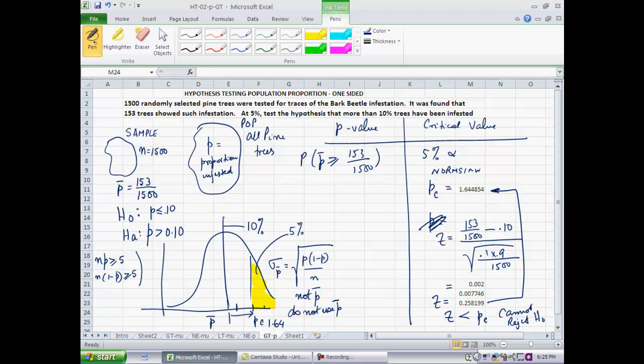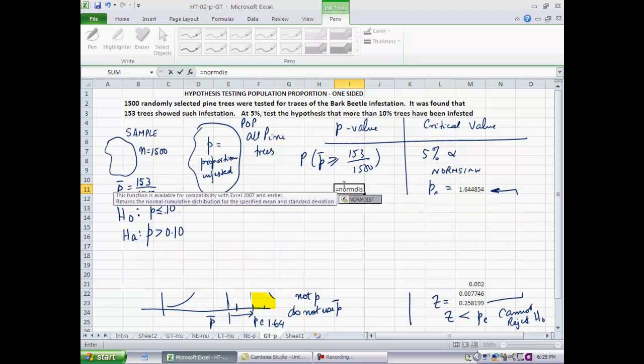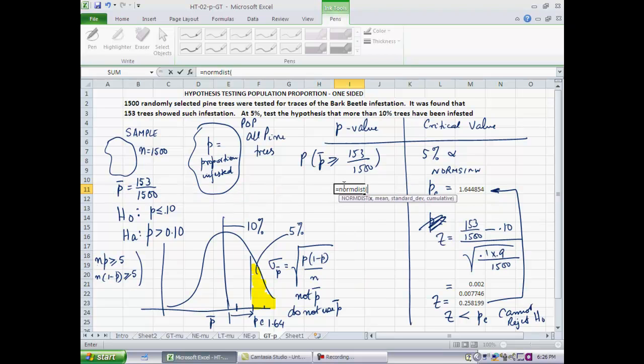And since the sample statistic is normally distributed, we know what Excel built-in function I would use, and that's the norm dist. This is equal to norm dist of 153 divided by 1500. That's the sample statistic. What is the mean? The mean is 10% because that is what the mean would be if the null were true as an equality. So it is 0.1.